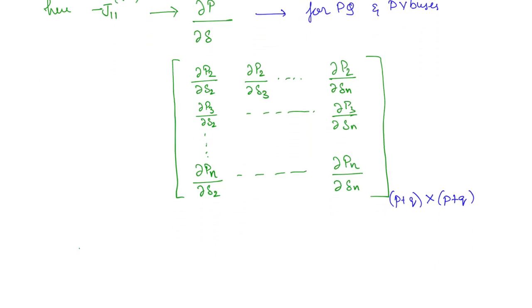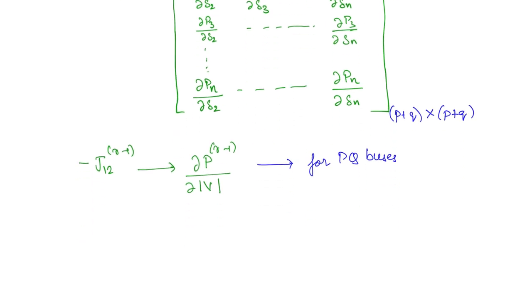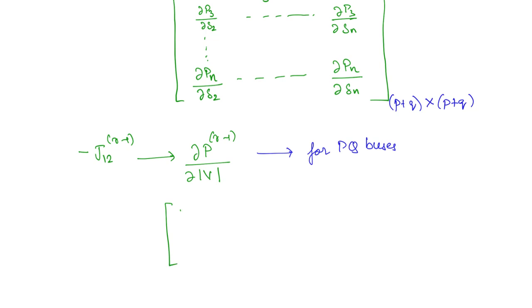Next is minus J12 at r minus 1. This is the partial differentiation of the real power with respect to the magnitude of voltage, but this is done only for the PQ buses. So you get the submatrix ∂P2, ∂V2, and so on till ∂P2, ∂V(p plus 1), where p is the number of PQ buses.